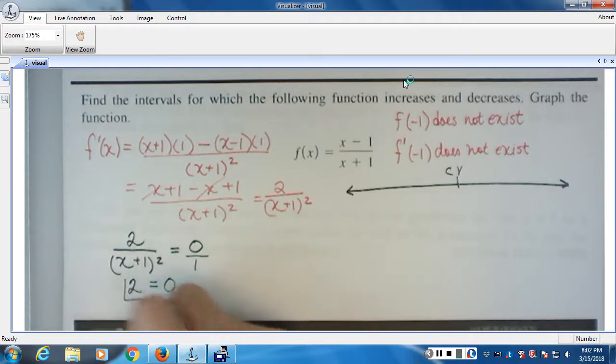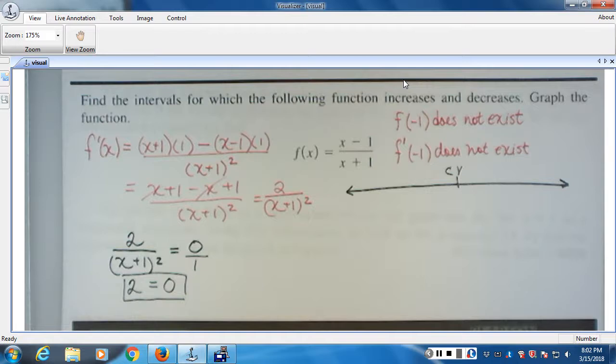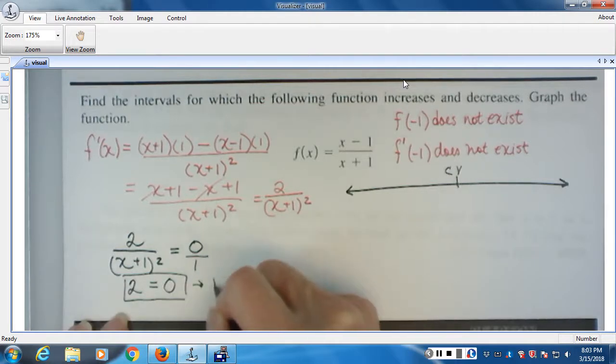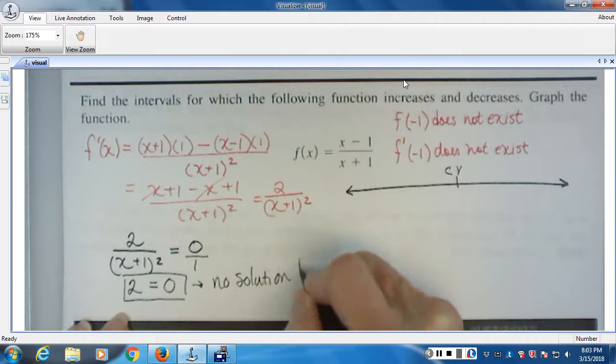Is 2 ever going to be equal to 0? Nope. What do you know about what happens when you get a math statement that doesn't make any sense trying to solve an equation? Calculator says error. Your brain says this doesn't make any sense. 2 does not equal 0. Okay? There is no solution.